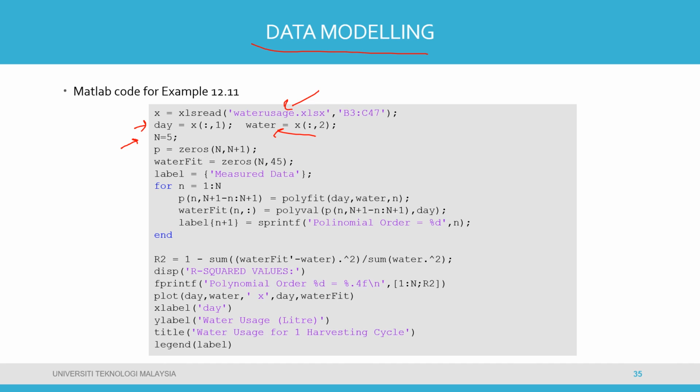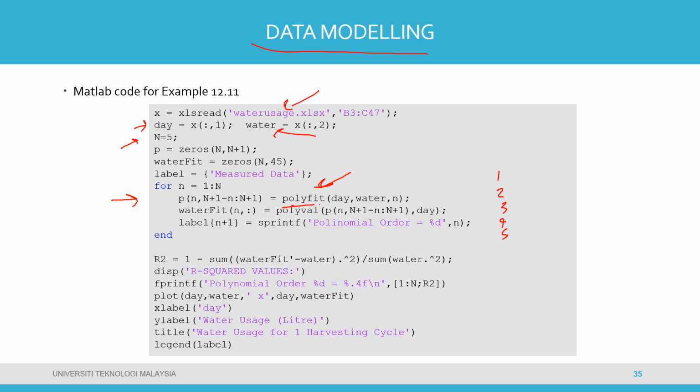If you look here, you try to understand, this one is just to create a polyfit for the first, second, third, fourth, fifth order.